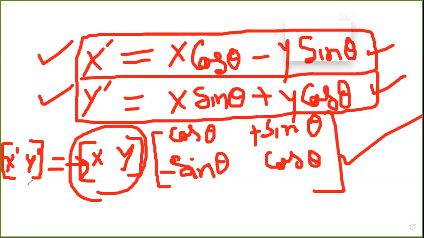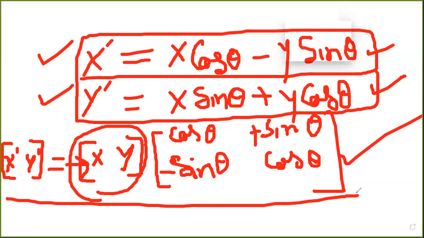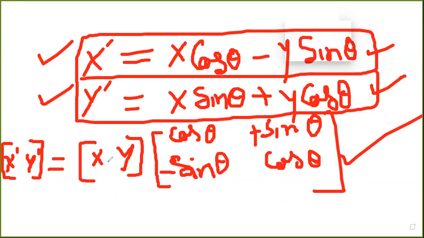So if you are writing this, you can see I have changed the formation, then apply the matrix multiplication. It is a 2 cross 1, sorry, 1 cross 2. This first matrix is 1 cross 2. Second is 2 cross 2. That means it is possible to multiply because the first is 2 and this row is 2.